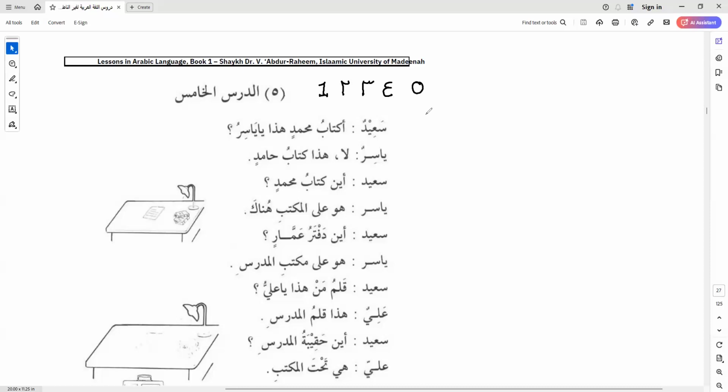Now, let's look at our lesson objectives today. The first objective is we're going to learn possessives in Arabic.